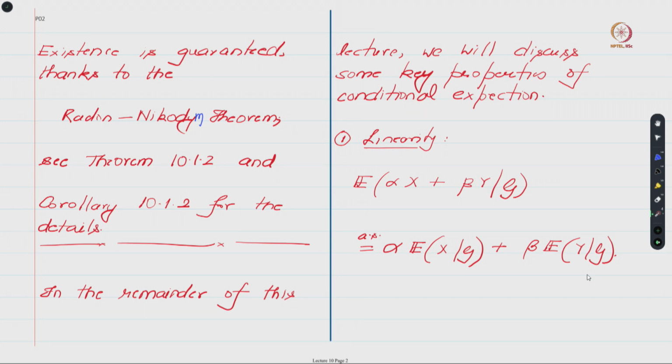So you just invoke that property and verify the two conditions that were there in the conditional expectation definition, which is that the right hand side should be G measurable, and if you take the product of this right hand side with indicator G and look at its expectation, then that expectation should equal the expected value of this alpha x plus beta y random variable times indicator G. So whenever these two conditions hold, that will follow from the linearity of expectation, and one can conclude in that case that this indeed plays the role of a conditional expectation.